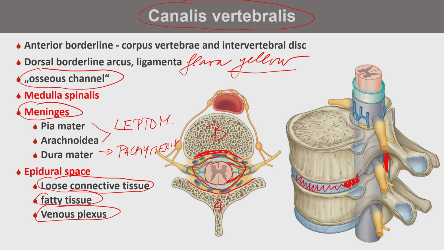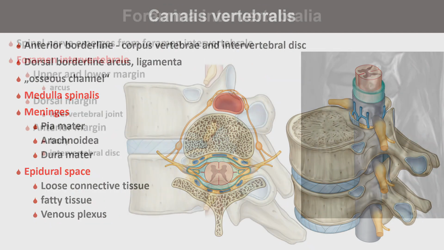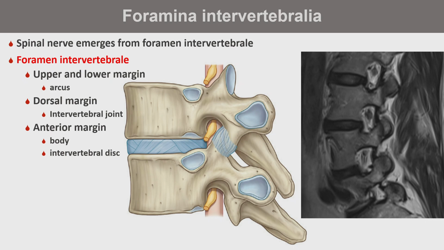So here is a space where there could be very fast spread of infection, but also this is a space where, and I will show you, when we have a bulging of the disc or herniation of it, there is a space which could be occupied by this material without compression of the neural structures, up to very large masses which could be here.